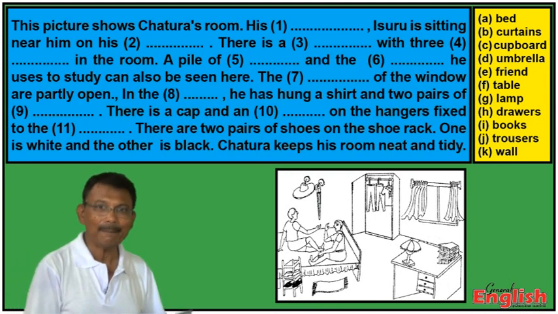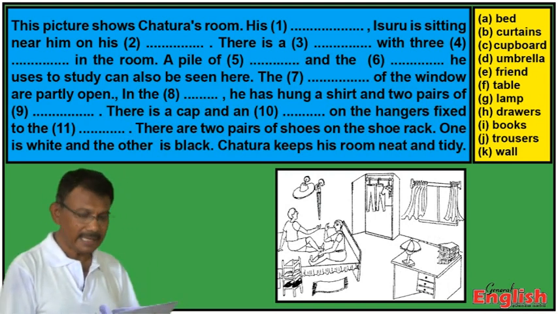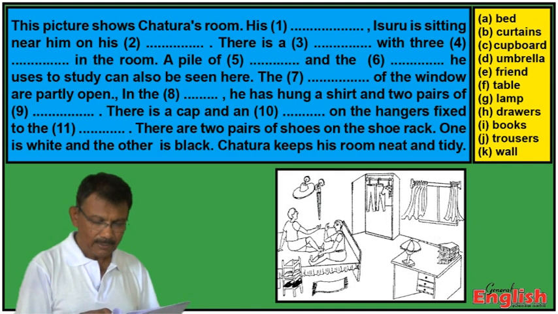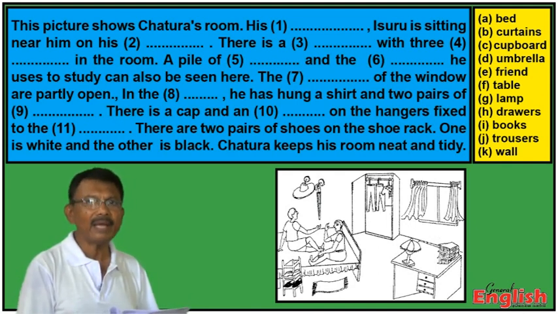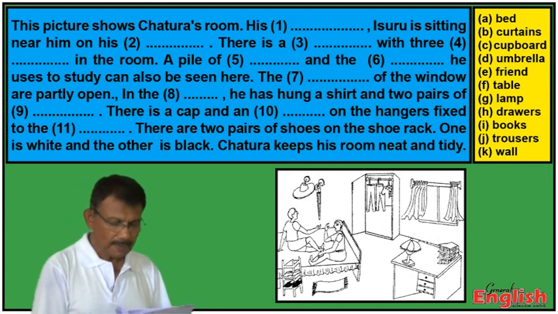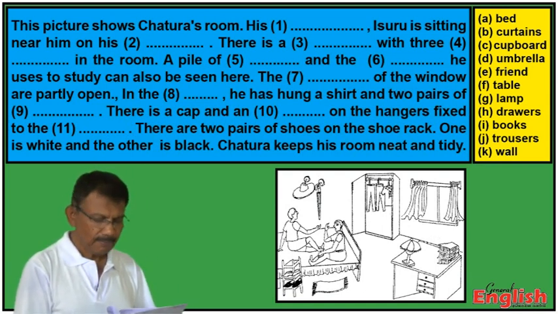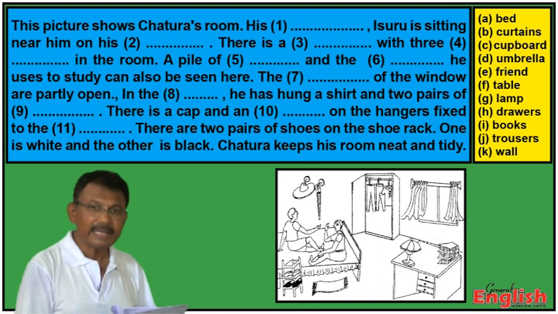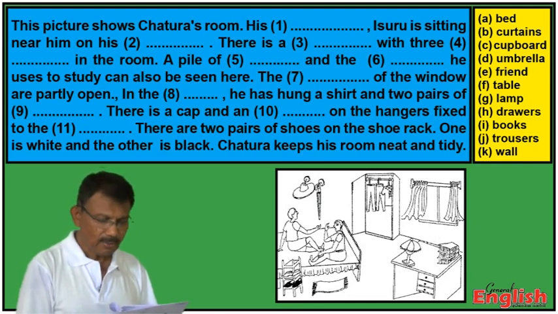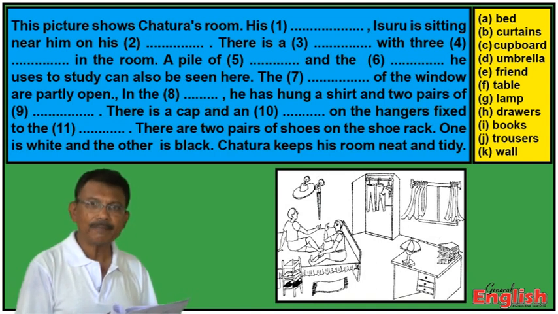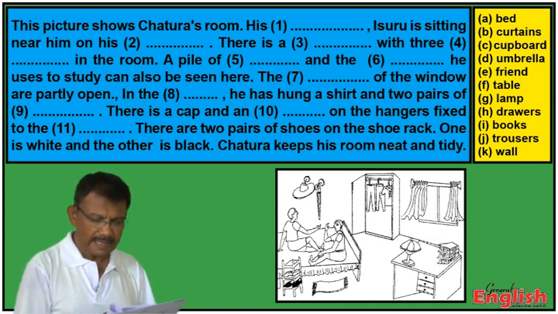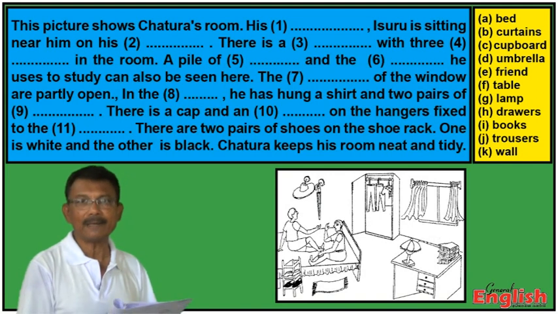He lights a lamp, then only he can study at night. So now let's have a look again. A pile of blank, for that blank we must use books. Pile of books and the lamp. For question number 6, lamp he uses to study can also be seen.